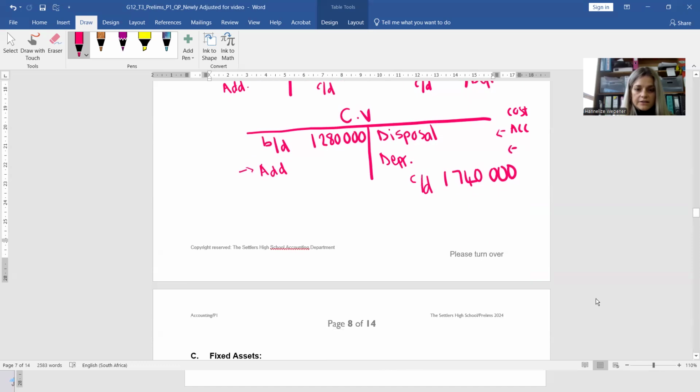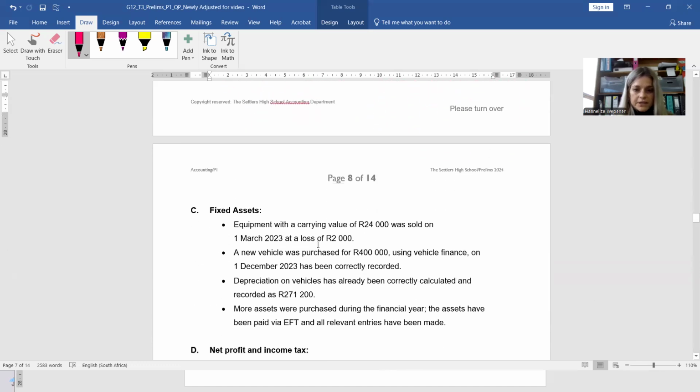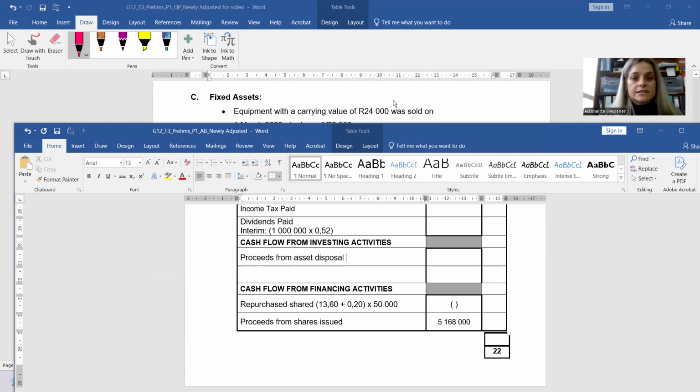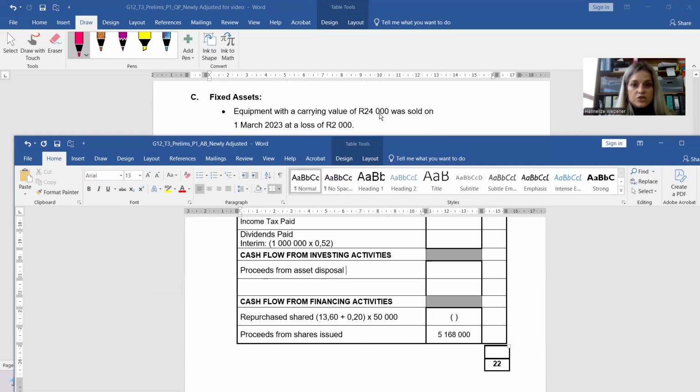So moving down here. Equipment with a carrying value of 24,000 Rand was sold. So we already know now that we had disposals. So proceeds from asset disposals. And this says that it's equipment with a carrying value of 24,000 Rand that was sold on the first day of your current financial year at a loss of 2,000 Rand.